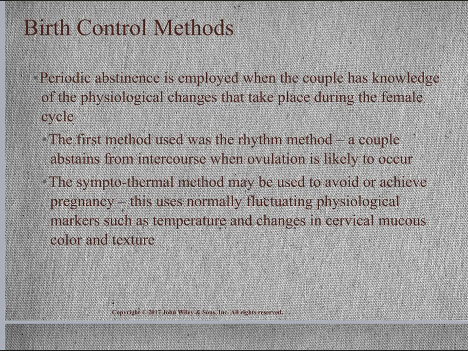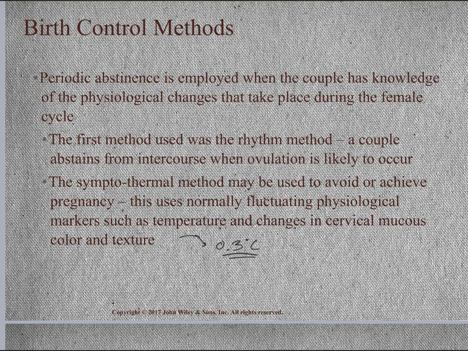The first method used was the rhythm method, so a couple abstains from intercourse when ovulation is likely to occur. The symptothermal method may be used to avoid or achieve pregnancy. This uses normally fluctuating physiological markers such as temperature and changes in cervical mucus color and texture. Remember that temperature change at ovulation is only 0.3 degrees Celsius, and that is what they're looking for.